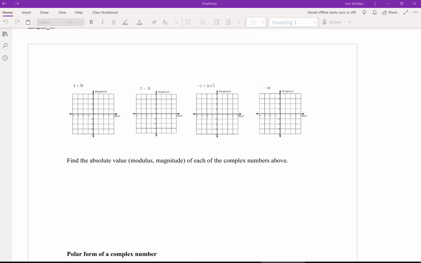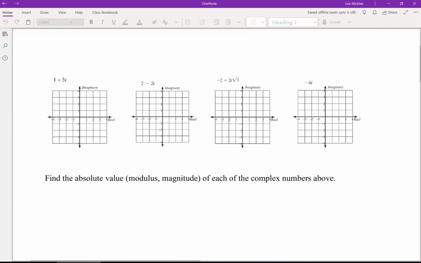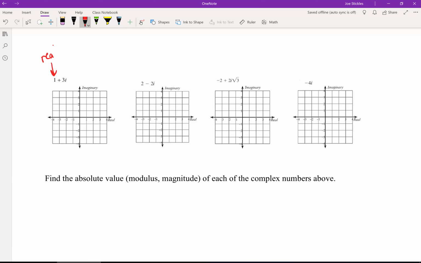So before we get to the polar form, let's just talk a little bit about how we can represent a complex number graphically. So, for our purposes here, let's look at this first one here where we got 1 plus 3i. Well, if you remember from your discussion of complex numbers before in college algebra, this part is called the real part, and this part is called the imaginary part.